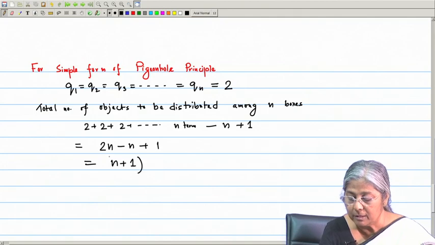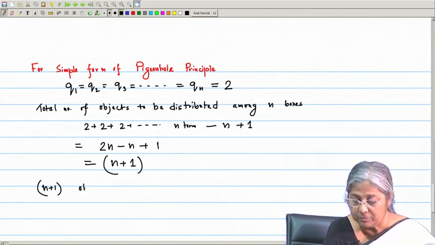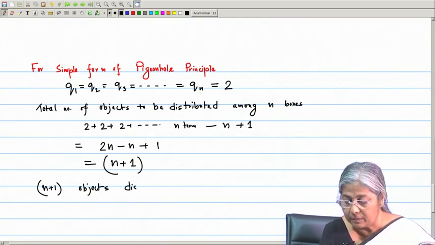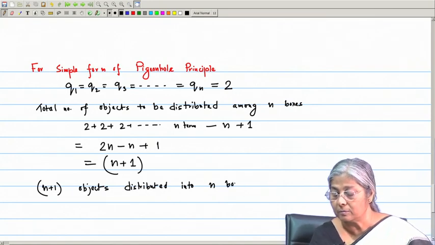So, that means n plus 1 objects distributed into n boxes.